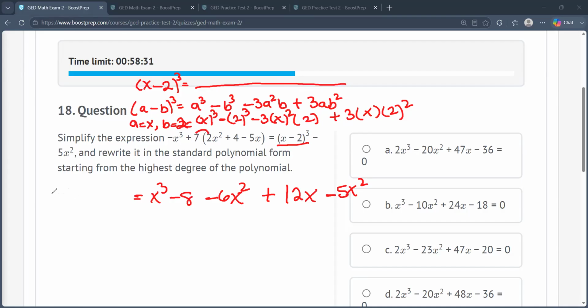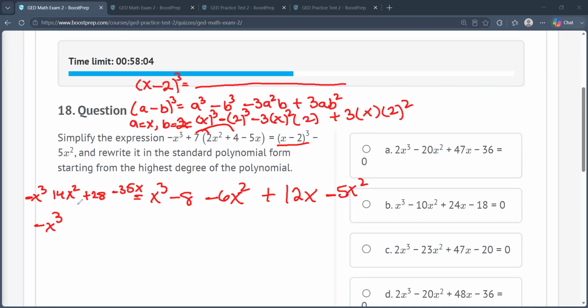That's going to be 14x squared, 7 times 4 is 28, and then 7 times negative 5 is negative 35x. And then you have this minus x cubed.